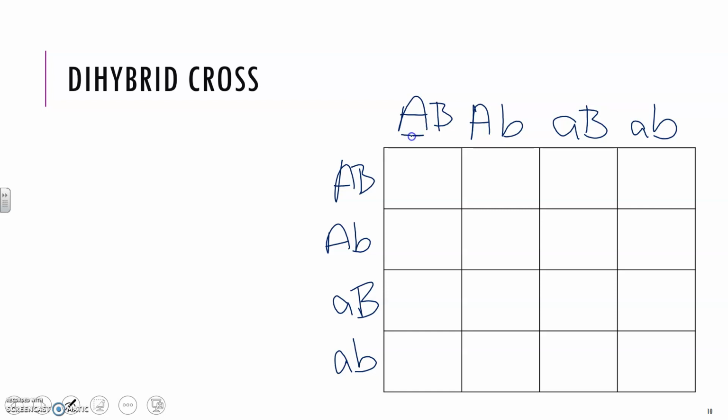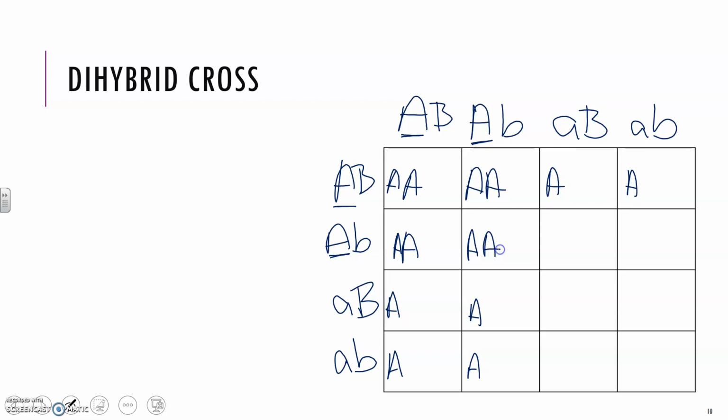We've got a capital A here, which will go all the way down this column, and a capital A here, which will also go all the way down this column. We have a capital A here, so go all the way across this row, and a capital A here to go all the way across this row. Then we can fill in the rest of these that don't have 2 with their little a's.